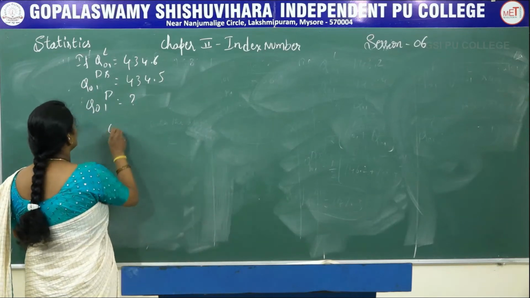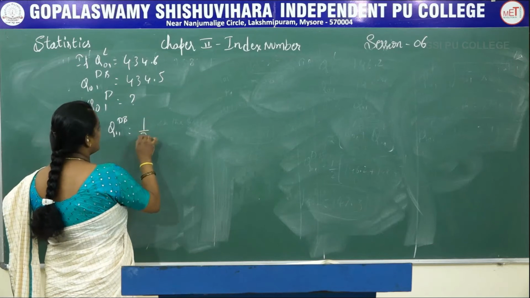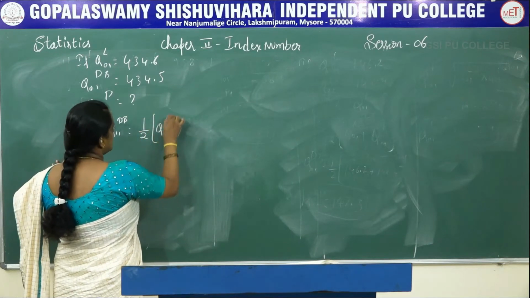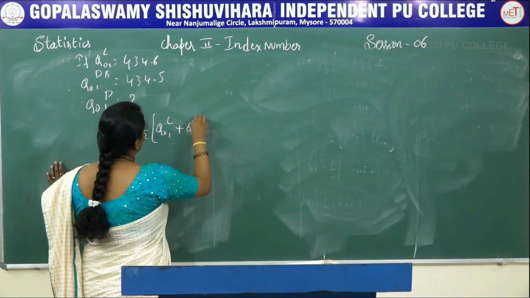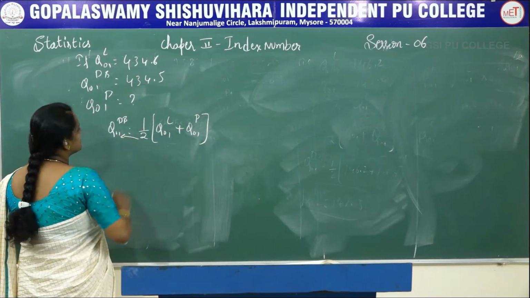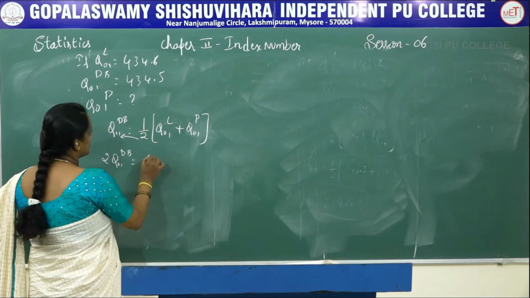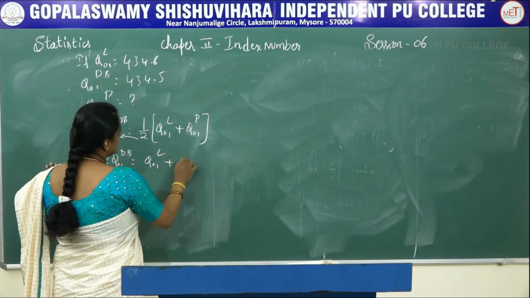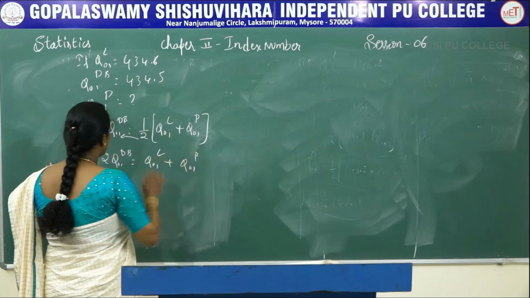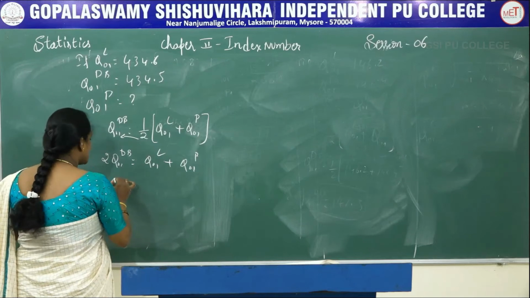So first write down the formula of Drobisch-Bowley. Drobisch-Bowley is half of Laspeyres plus Paasche's. So you take the cross multiplication, 2 times Drobisch-Bowley is equal to Q01 of Laspeyres plus Q01 of Paasche's.